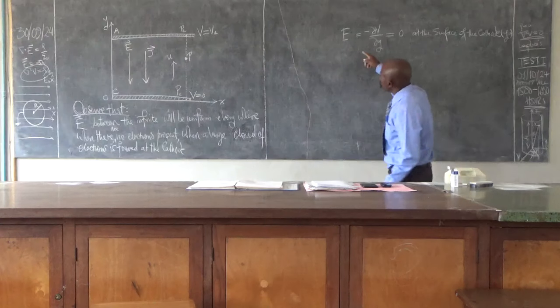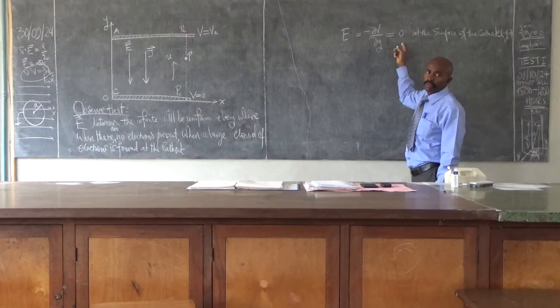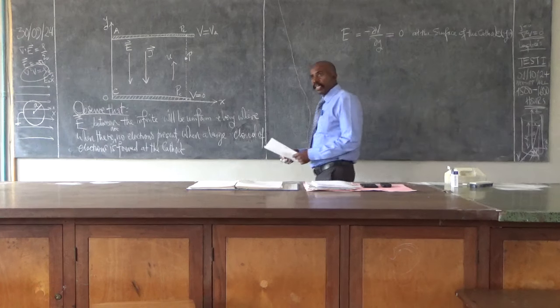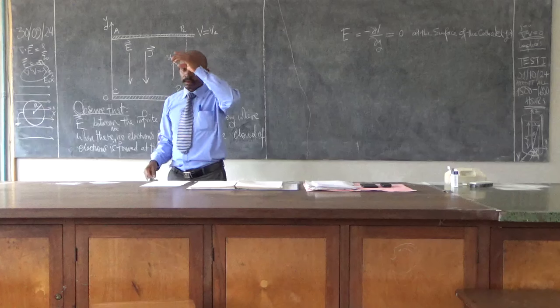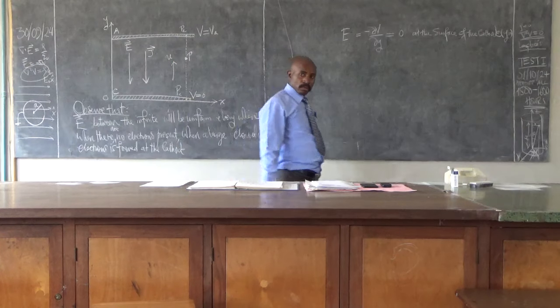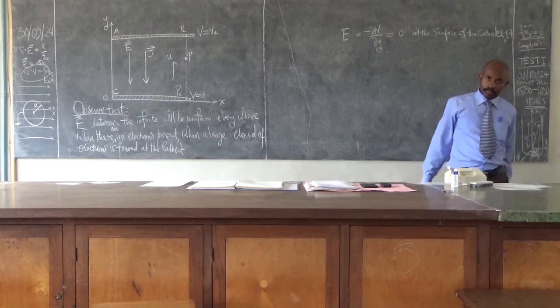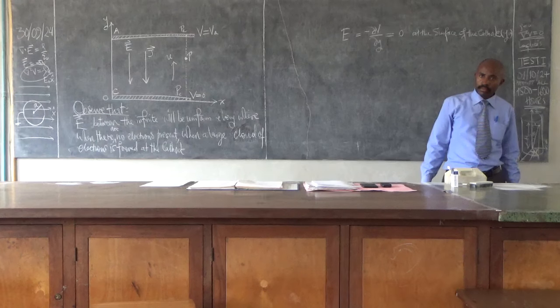So we have that E would equal dV by dY, but when we say it is uniform, it's constant. Well, we are talking about the electric field between the infinite plates. How come we have taken the electric field at the surface? How would the electric field be in between the plates?